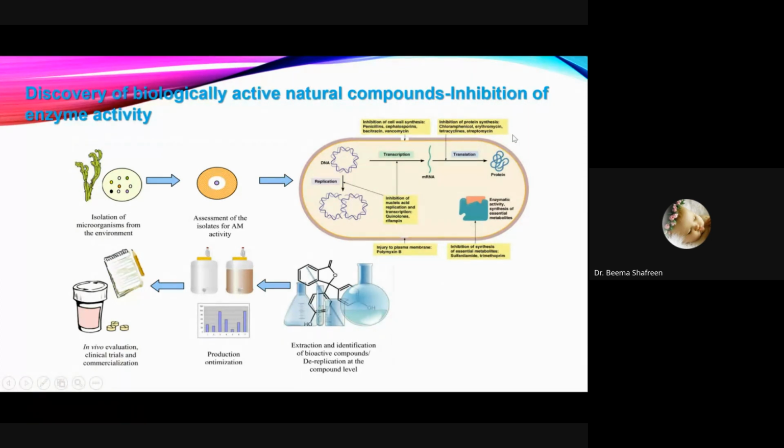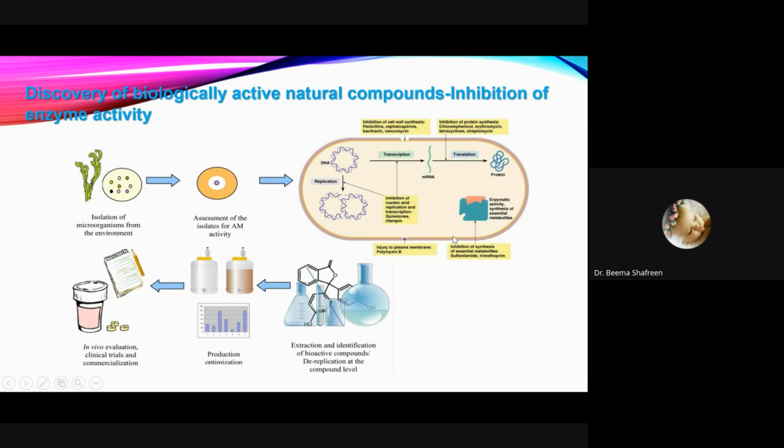So any of these processes can inhibit the growth of the particular organism. It can lead to death, or it can make the organism bacteriostatic. So these are the different mechanisms that can be happening. We don't know at this time point what has happened, but these could be the mechanisms.